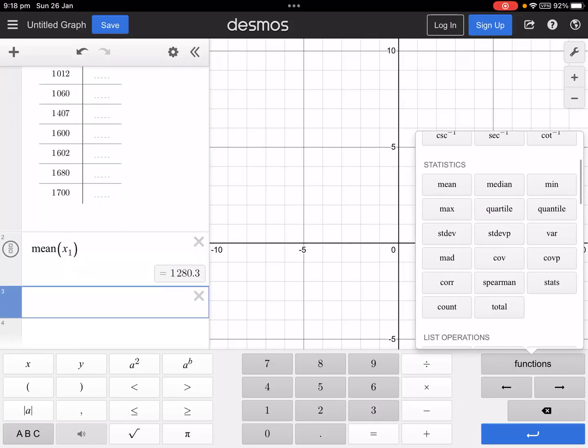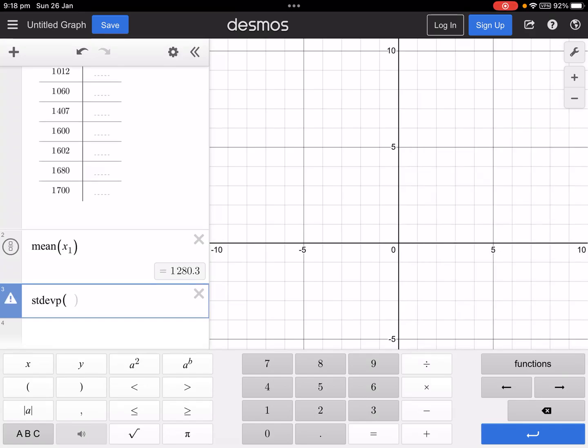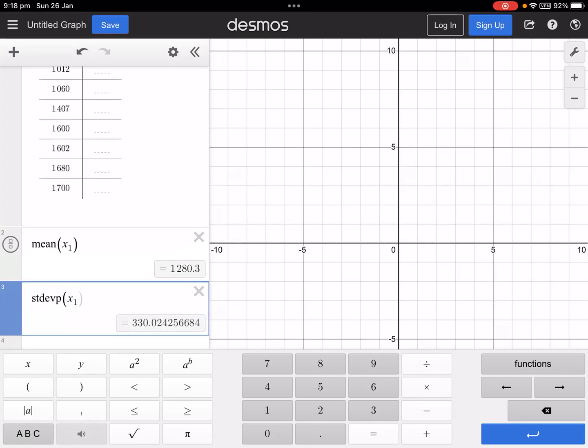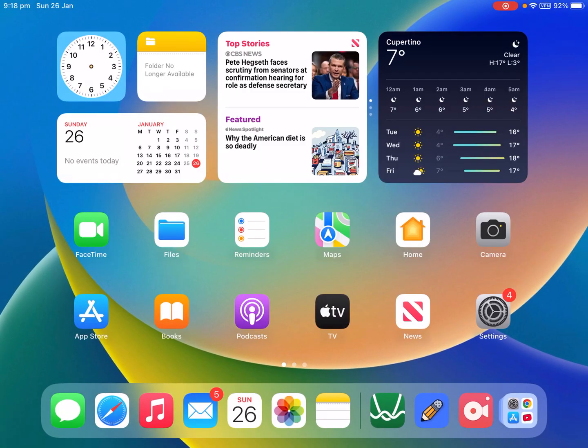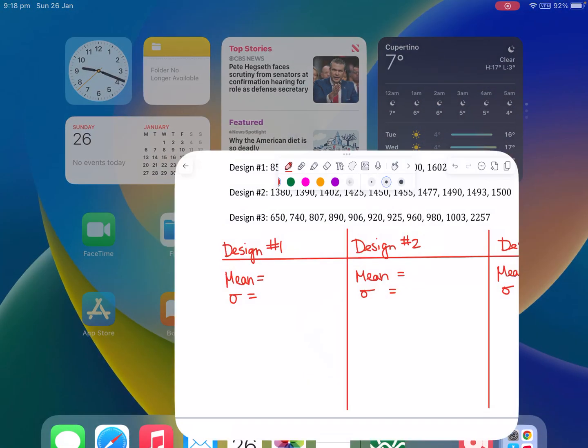So our mean, our average is 1,280 pounds, and our standard deviation is 330. And I'm just going to round to the whole number for all of these. So 1,280 and 330 pounds for the standard deviation.